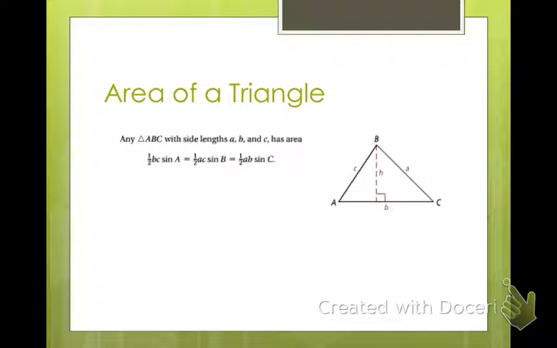So you can use 1/2 of sides B and C times the sine of angle A, 1/2 AC times the sine of angle B, and 1/2 AB times the sine of angle C. This is if you know one angle and two of the sides. We can't always necessarily find the third side if it's not a right triangle, but we can find the area still anyway. Alright, so let's do a problem.